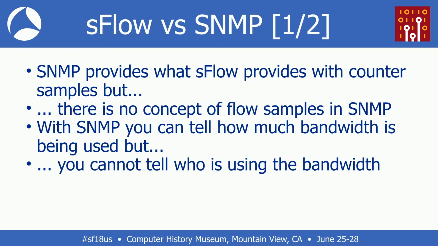That is, with sFlow you can get the same information that you could get with SNMP with reference to the counter samples. So SNMP gives you the device status and the interface status of your devices. But what you cannot get with SNMP is the flow samples. So using SNMP, you don't know who the top talkers are, who is consuming the bandwidth.